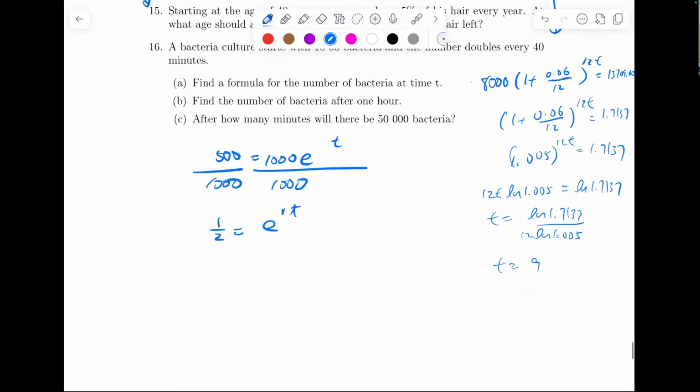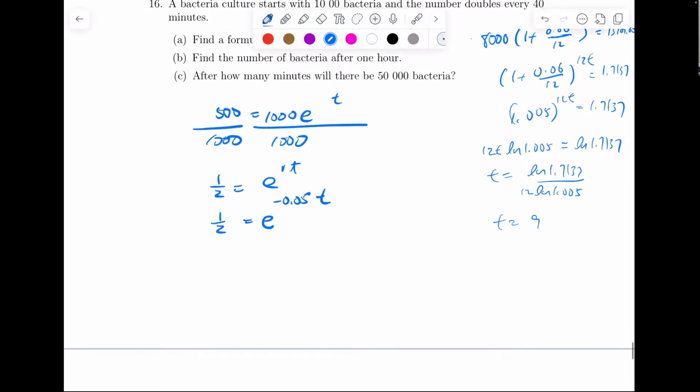So now you have 1/2 equal to e to the what? Negative 0.05, 5%. So can I natural log both sides? Natural log of 1/2 equals negative 0.05 t, right? Where does the e go?